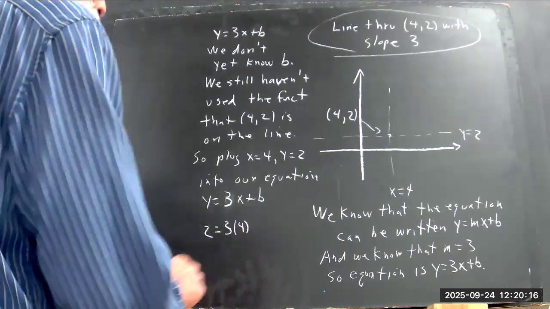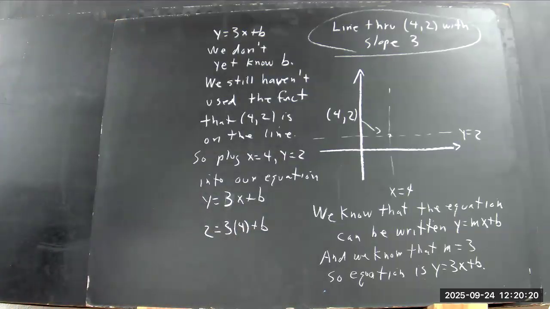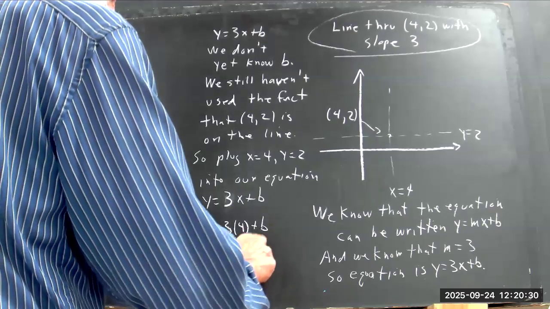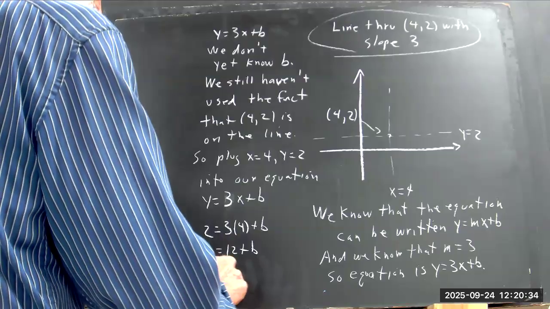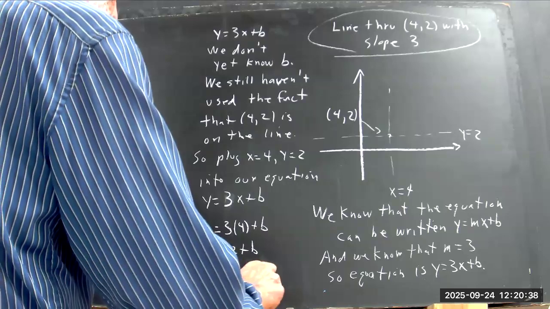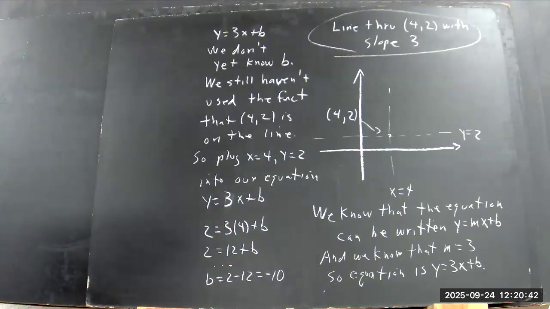So 3x becomes 3 times 4 plus b. You can solve that for b. So you got 2 equals 12 plus b. Well, so that b is 2 minus 12, which is negative 10.